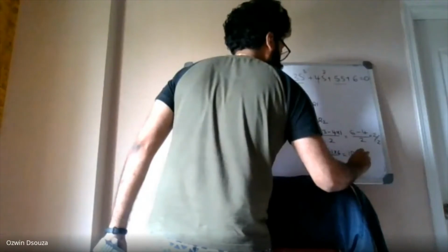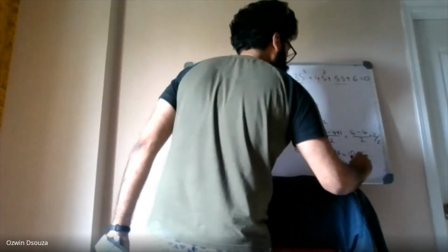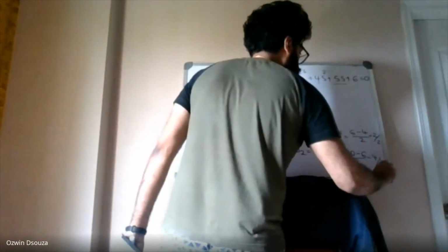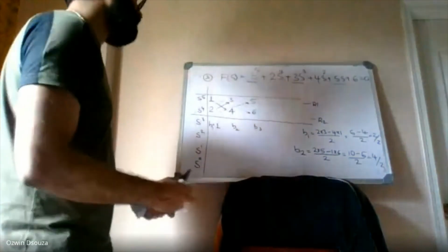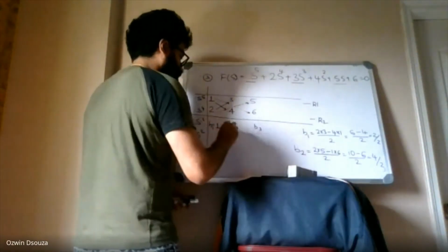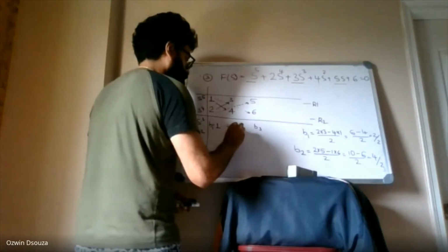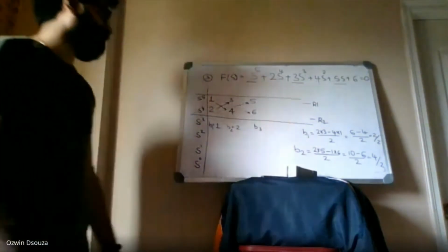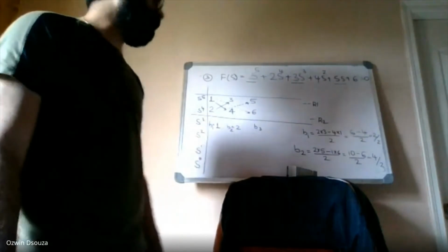So 2 into 5 is 10 minus 6, divided by 2. So 10 minus 6 is 4. So basically you have 4 by 2. What is 4 by 2? It is 2. So I can say that element B2 is 2.